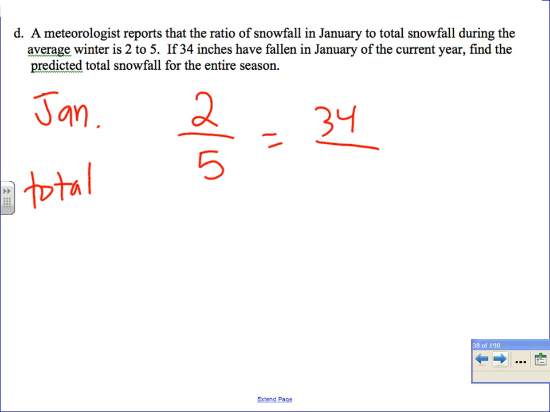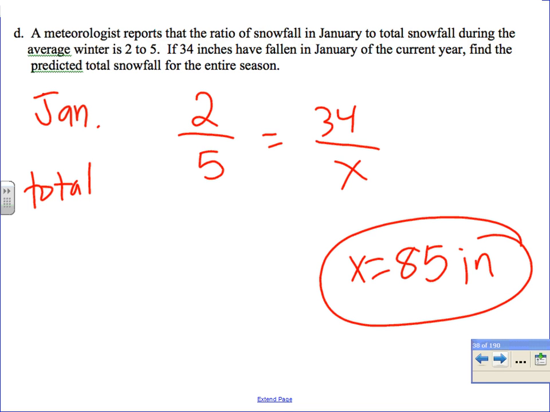Awesome. 2 over 5 equals 34 over x. Okay, and then Justin, what did you get? 85 what? Good job. That one was a little tricky. Matt, did you get it? 46 and 2/3 minutes or 46 and 0.6 repeating.